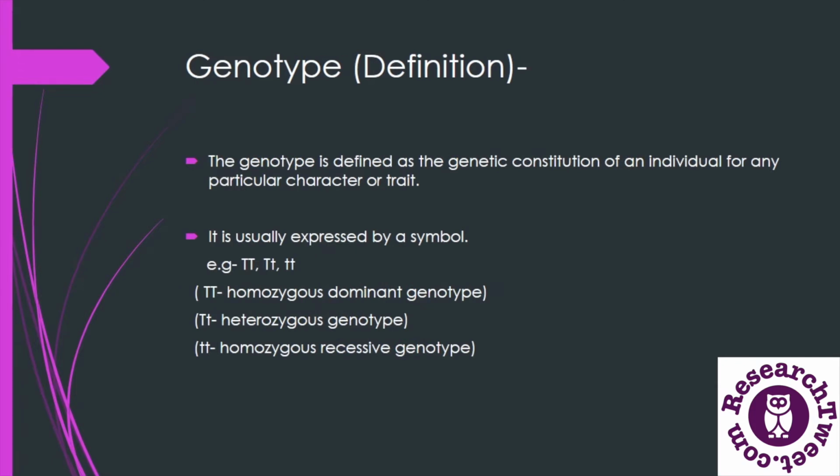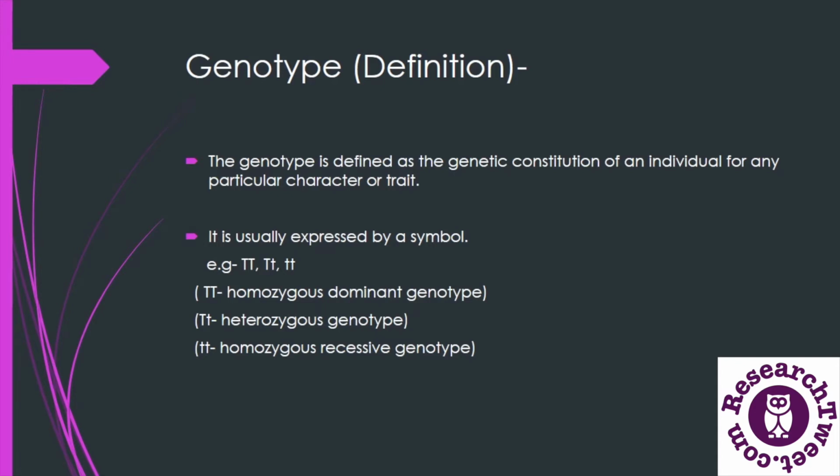Now, we will discuss the definition and the meaning of the word genotype. At first, let's understand genotype. The genotype of any organism is defined as its genetic constitution for a particular trait or character. We know that a gene can exist in different forms, which are known as alleles.